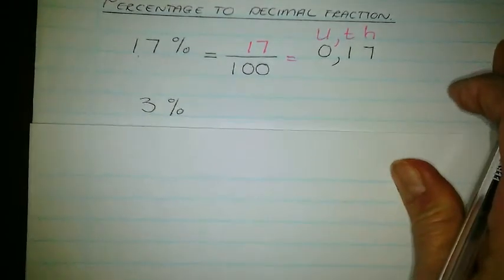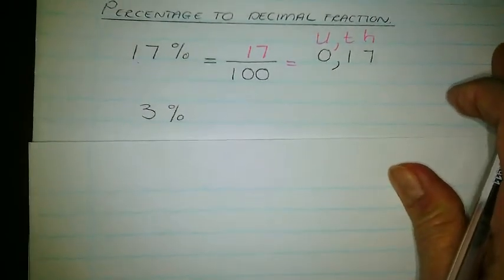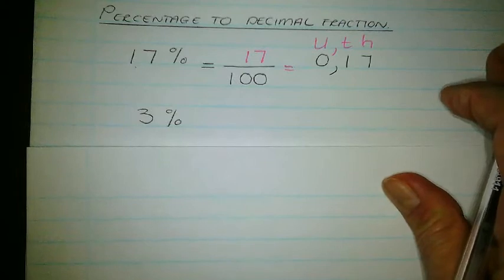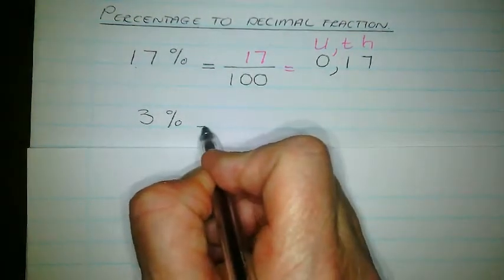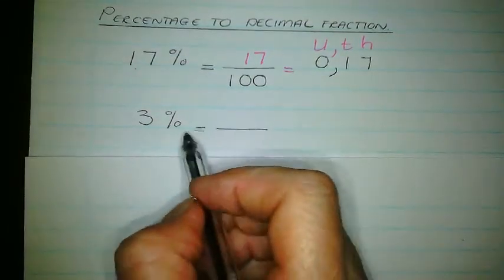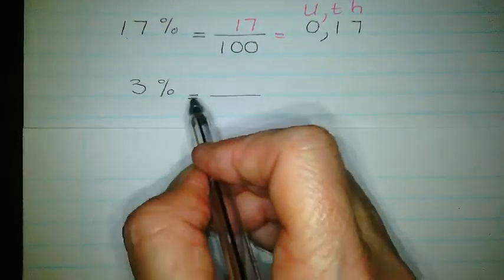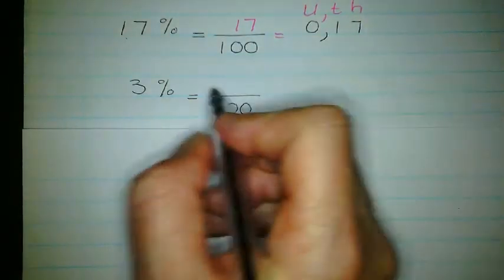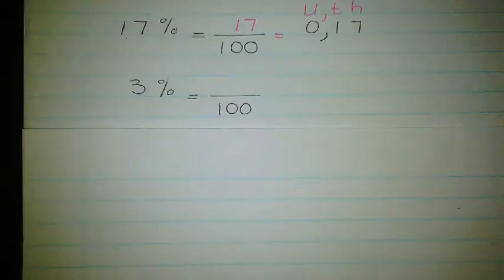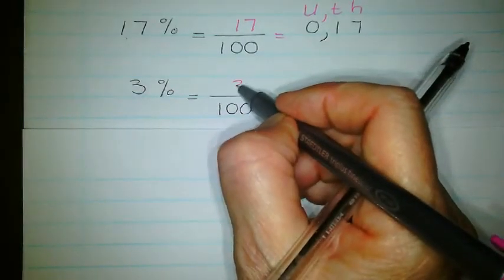Then the next one, now you see there's only one digit and it's 3%, but I'm going to stay with the same rules. So I'm going to write the percentage sign as your denominator, and then everything that's in front I'm going to write as the numerator.